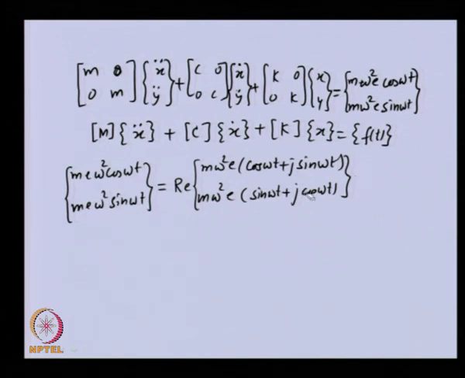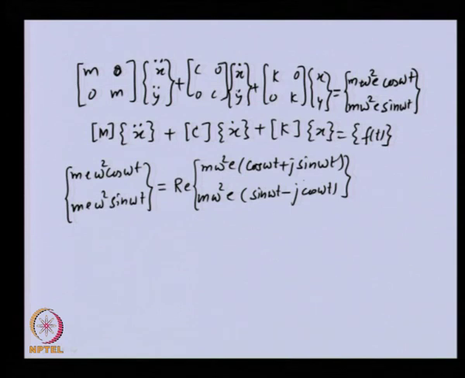Now, here I am adding minus, we will see what is the advantage of this, but basically we are interested in the real part of this. We can add the imaginary part any value, because here we are looking into the real part, we are not considering the imaginary part.